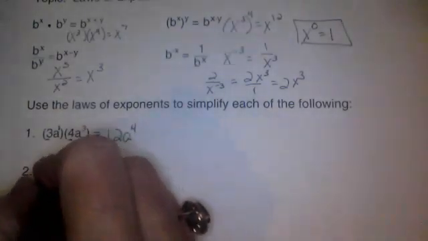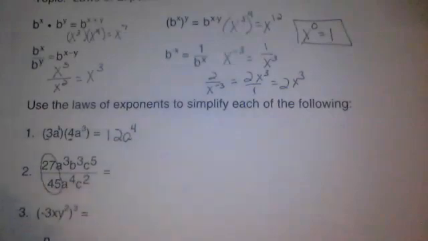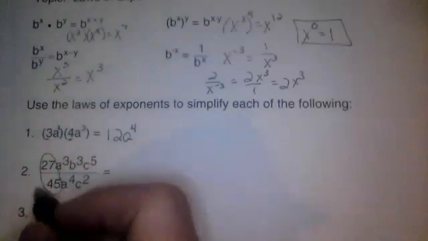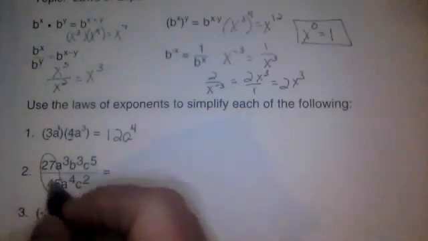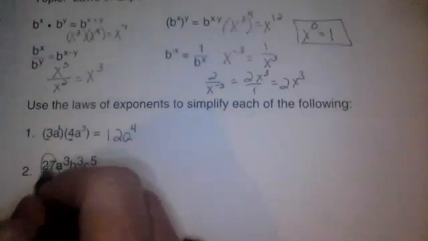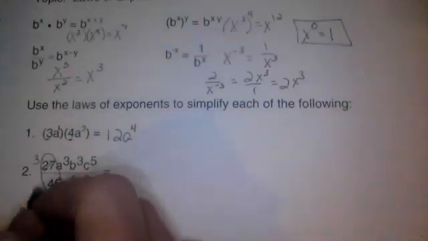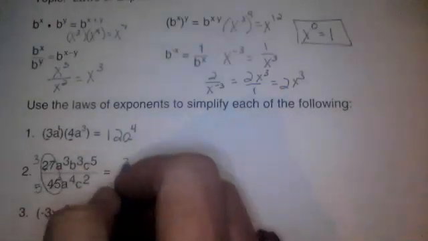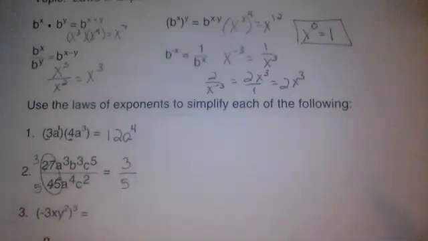For this problem number 2, we're just going to reduce our fraction just like we would with any fraction if it weren't attached to all those letters. And so these are divisible by 9. 9 will go into 27 3 times and into 45 5 times. So I get 3 over 5.